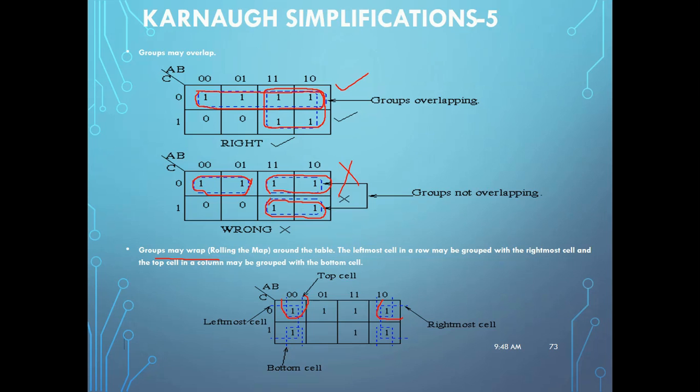The topmost cell in a column, this is the left column, this is the right column, may be grouped with the bottom cell. So this grouping is also right. There are two ways of grouping possible in this case.